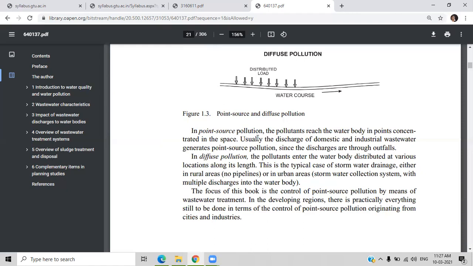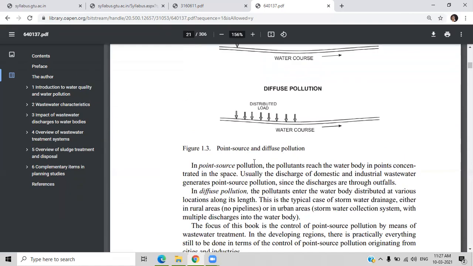The main reason for diffuse pollution is storm water drainage, and there are high chances of pollution occurring due to it. So there are two types of pollution: the first is point source pollution, and the second is diffuse pollution.